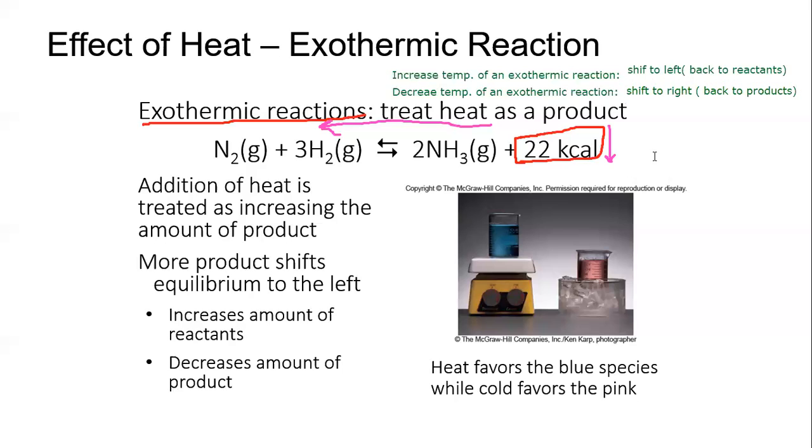To give you maybe a very rudimentary example of this, think of when you make Jello. They always say put Jello in the refrigerator so it can solidify. The solidification of Jello is an exothermic process because the Jello releases heat, causing it to solidify.